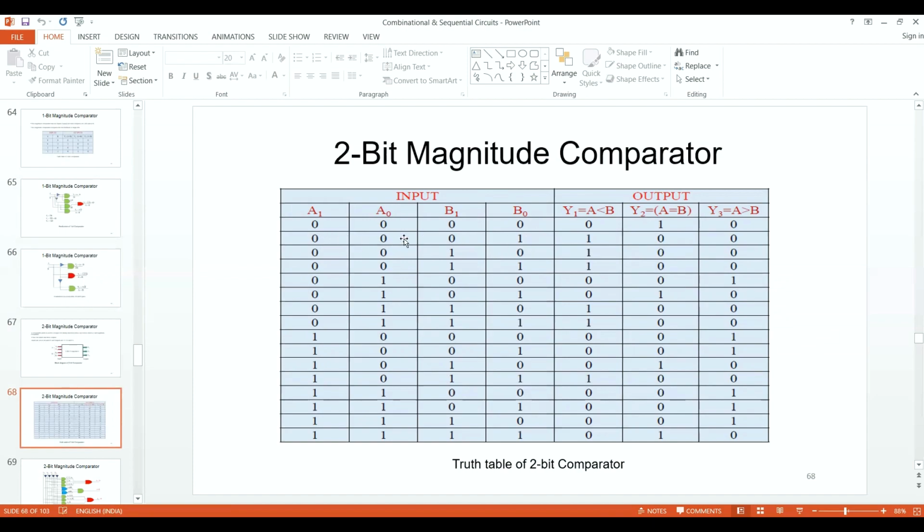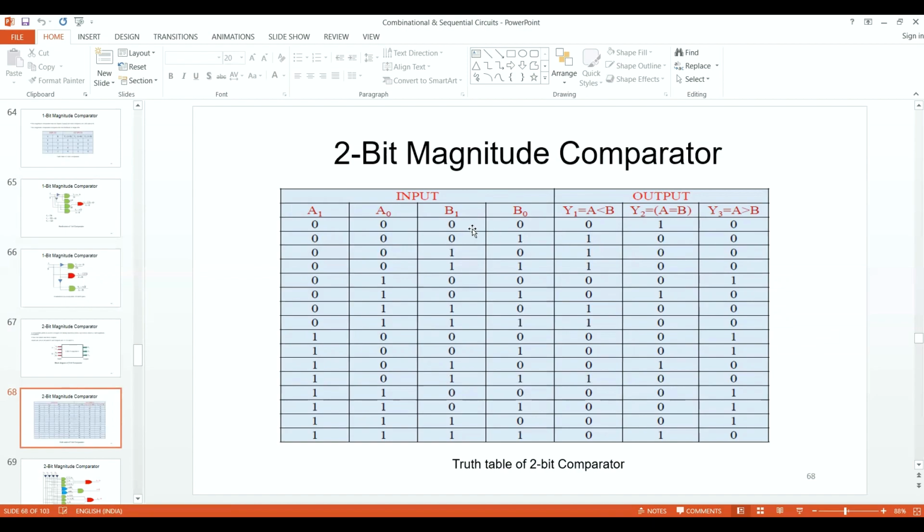Let's take a second option in which we have 0, 0 and 0, 1. 0 plus 0 is 0, but 0 plus 1 is 1. So we can say A less than B. Yes, that is 1.